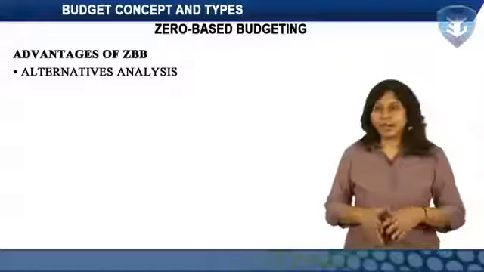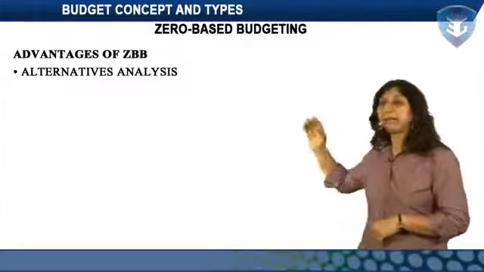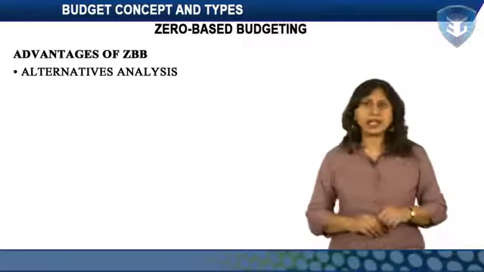In fact, in many cases with zero-based budgeting, we can actually produce more in the next period than we did in the last period, spending the same or even less, because what we're really effectively doing is eliminating waste. Advantages of ZBB. Alternatives analysis.